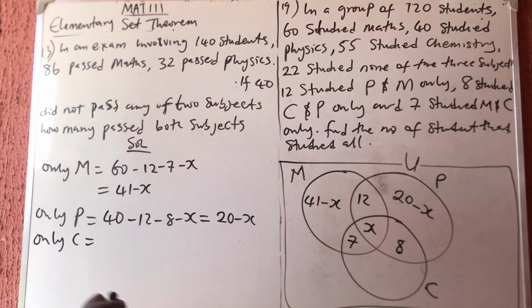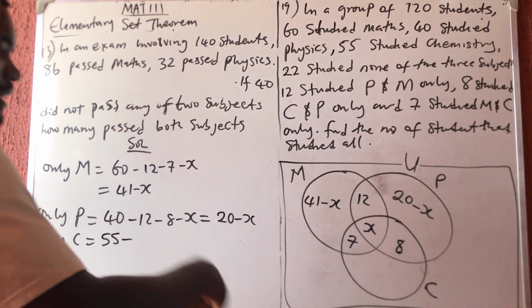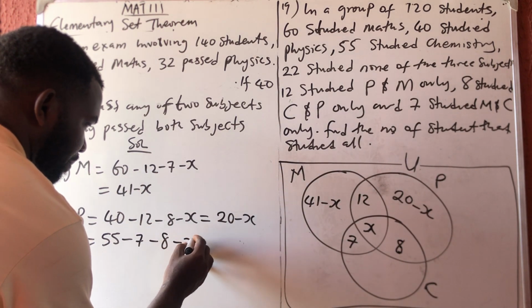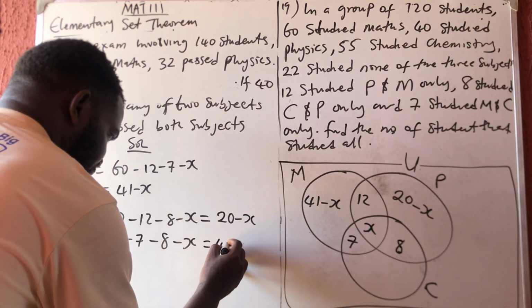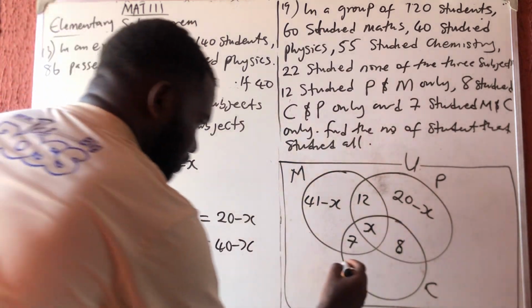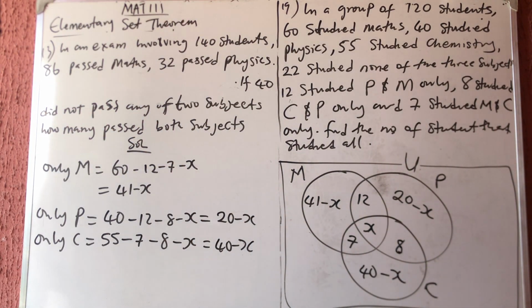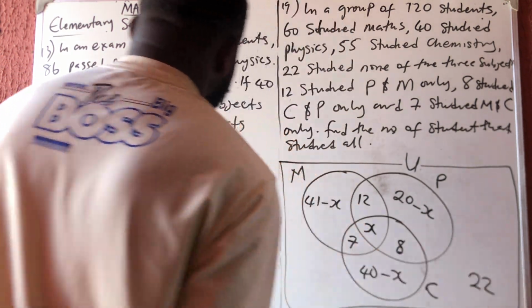How many people? 55 for chemistry. So I say 55 minus everything that entered inside of chemistry. So 55 minus 7 minus 8 minus x. So what do I have? I will have 40 minus x. So are there anybody that did not study any of them? 22. So my 22 should be outside here.